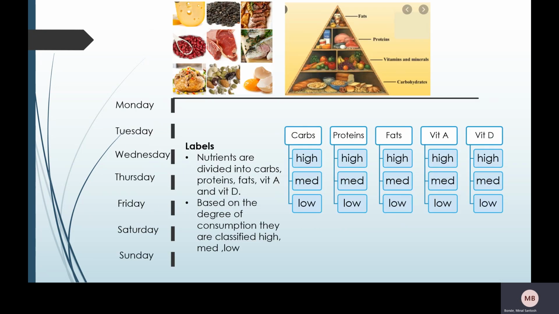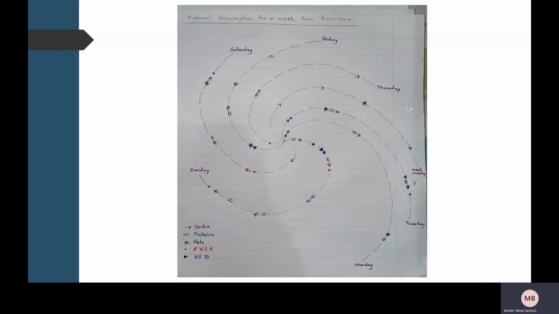Going to the next slide, I have shown the labels which I will use for the weekly activity. This is the pen and paper diagram for my daily consumption of carbs, proteins, fats, vitamin A and vitamin D. So basically different signs and colors are used to represent it.